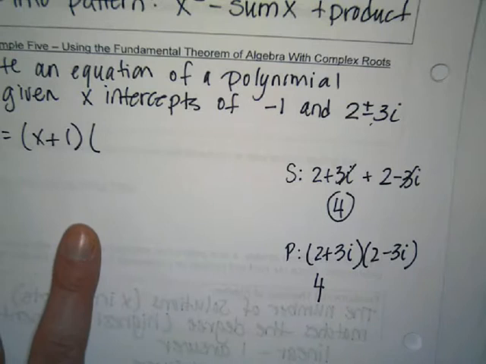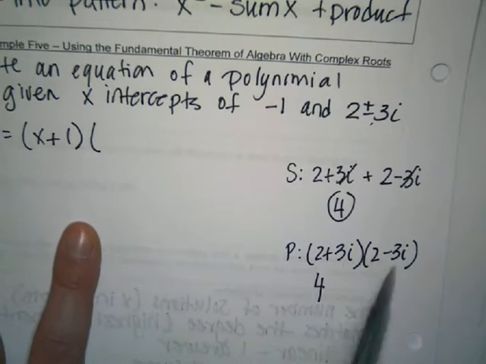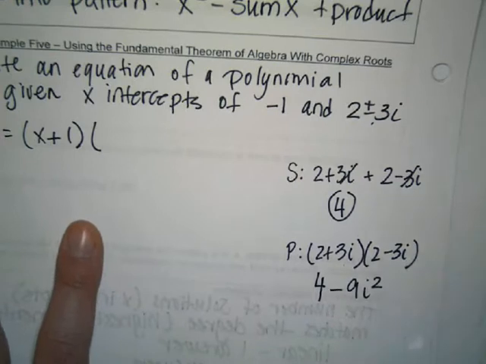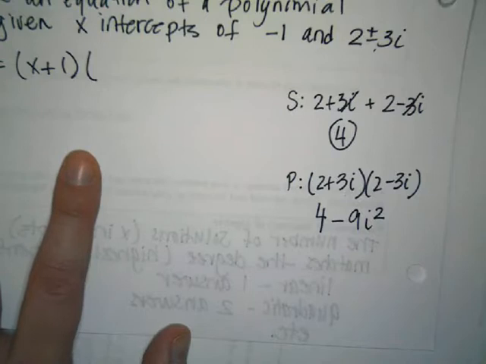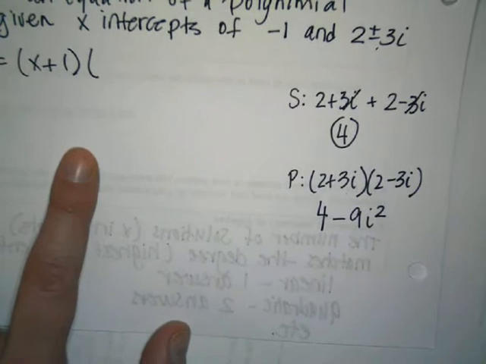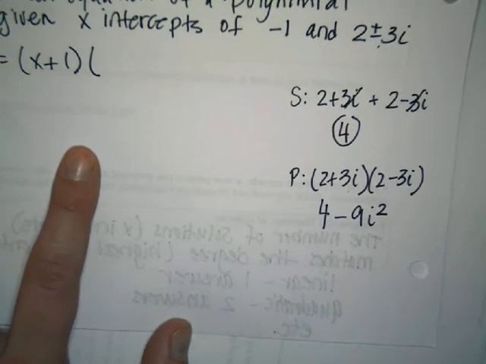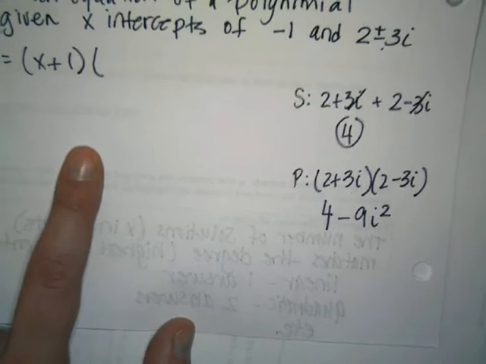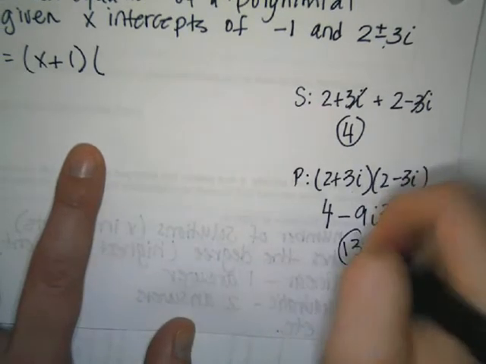So the i's cancel. And then my last terms, 3i times -3i gives me -9i squared. But what does i squared equal? Yeah, i squared is -1. Some of you are jumping ahead. i squared is -1. -1 times -9 is 9. 9 plus 4 is 13. So your product will end up being 13.